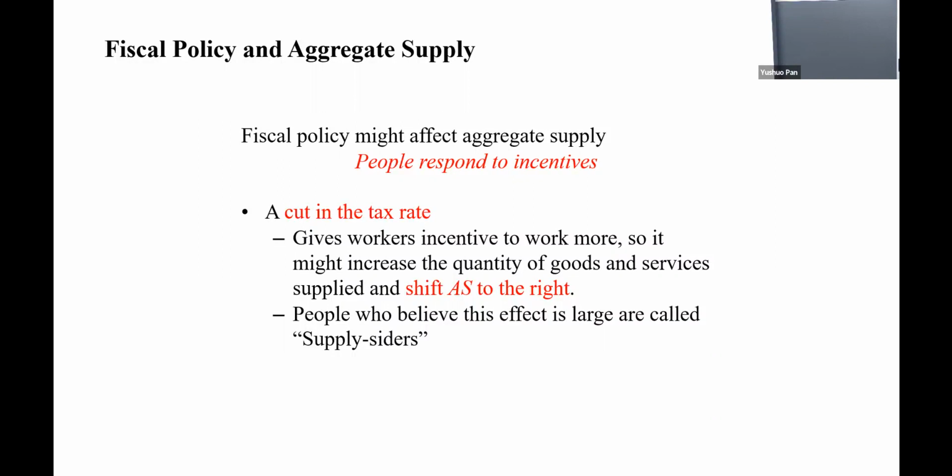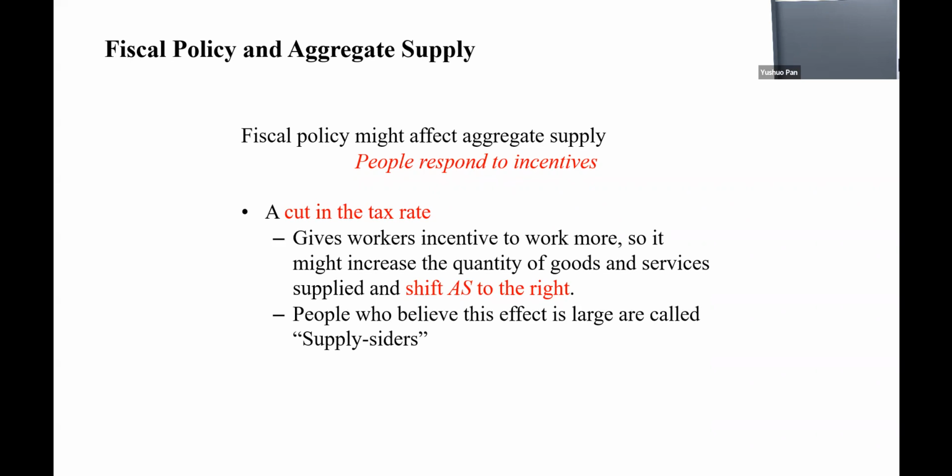Because when there is a tax rate cut, workers can earn more money within 1 hour, right? In that case, the more time they work, the more revenue they earn because there is a tax cut. So workers are going to wish to work longer than before to earn more money. So that is going to shift the aggregate supply curve to the right.